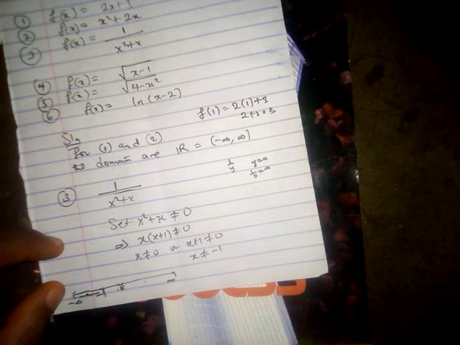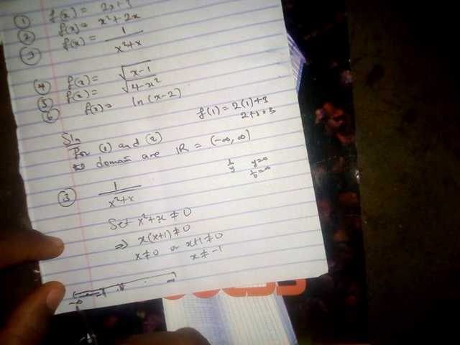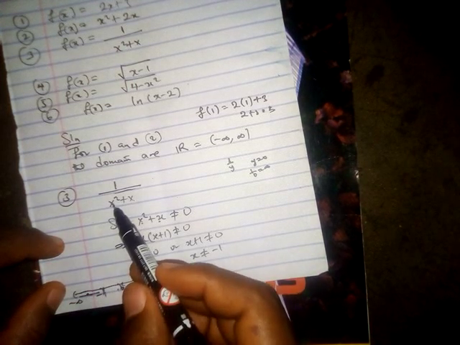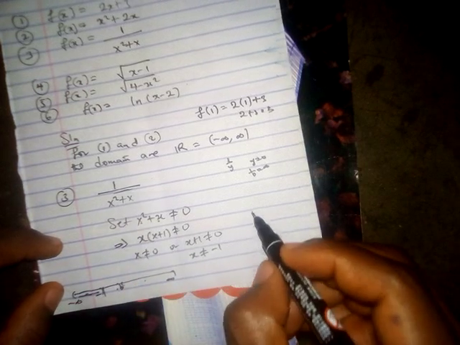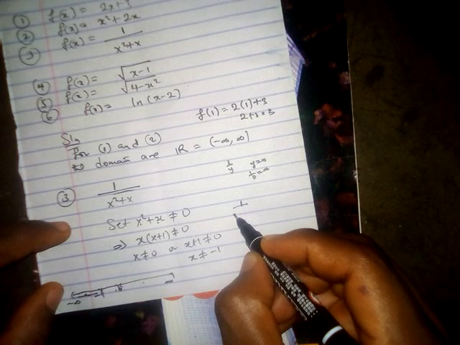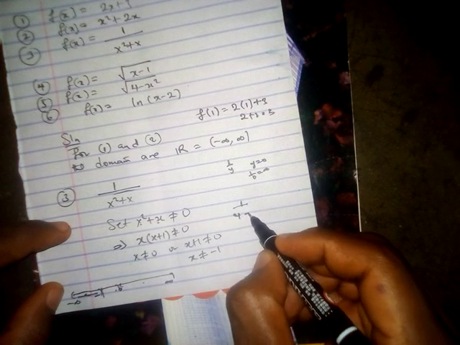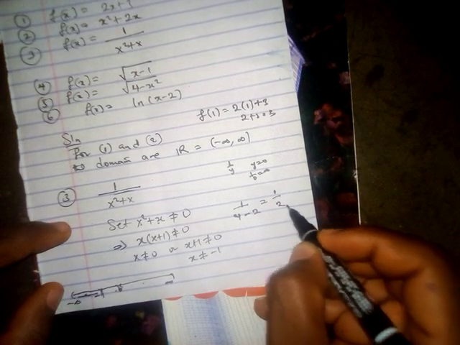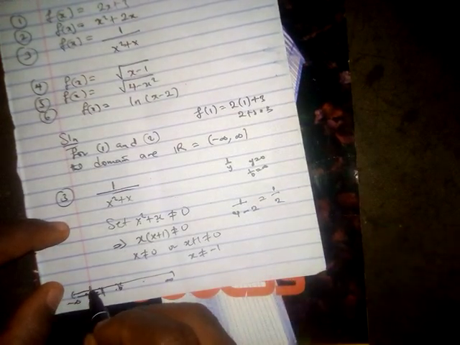So let's check a value between minus infinity and minus 1. We have minus 2. If I put minus 2 here, I have 1 over 4 minus 2, which is 1 over 2. So you see, it satisfies.